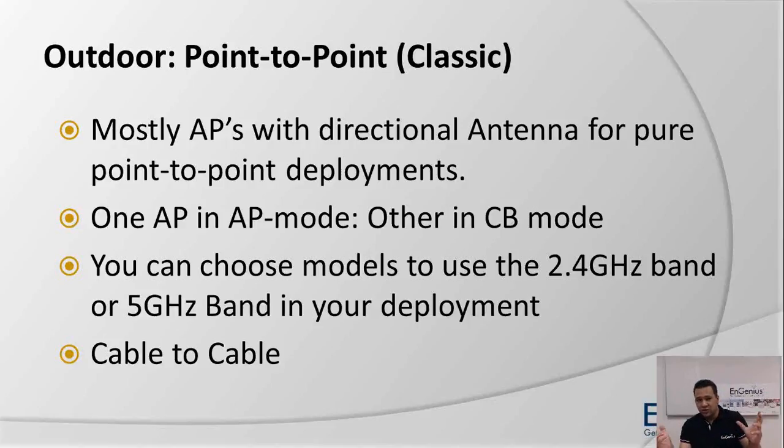And you can choose models to use the 2.4 gigahertz or 5 gigahertz band in your deployment. If you use point-to-point mode, you're kind of replacing your cable with something wireless, to have two points connected to each other. So this is normally what the point-to-point connection is doing.